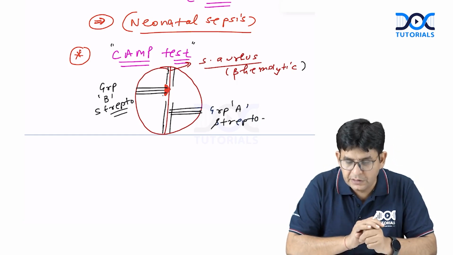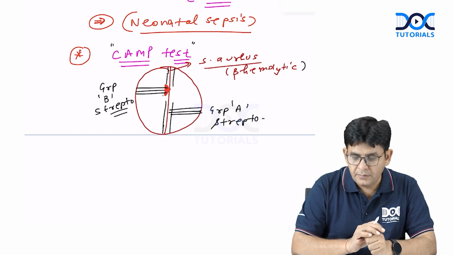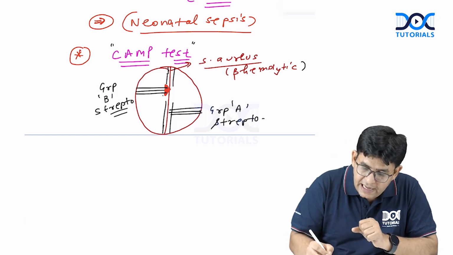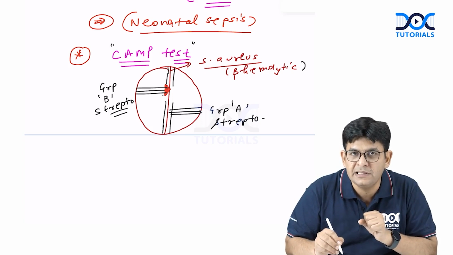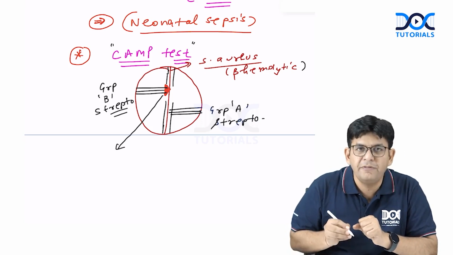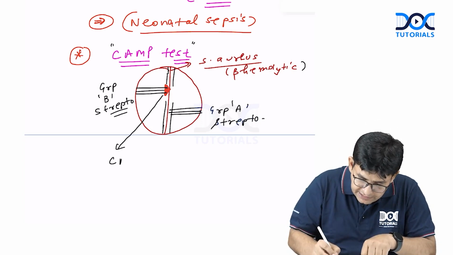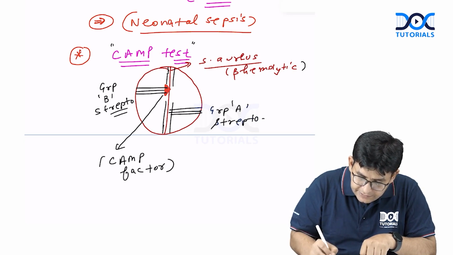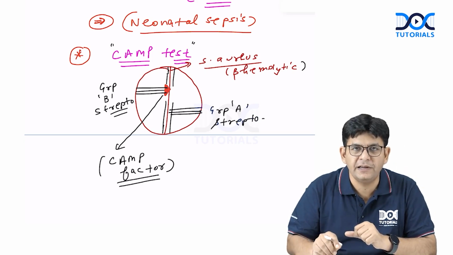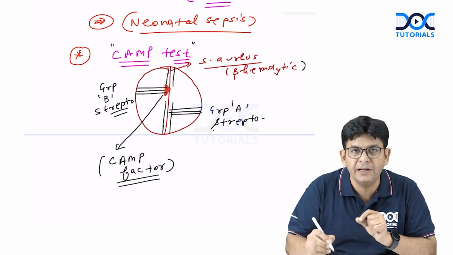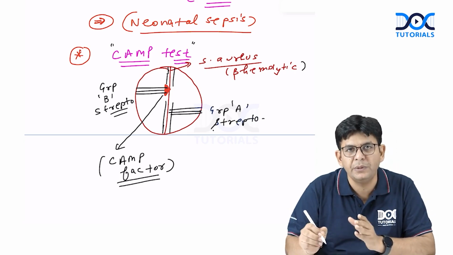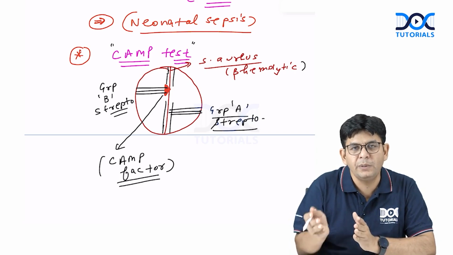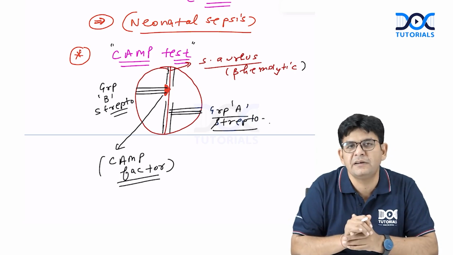Which one? The group B strepto. Why is this enhancement seen? As per these CAM scientists, there is a release of a factor, and the name of that factor is the CAM factor. Because of this CAM factor, there is an enhancement whenever the group B strepto touches the Staph aureus, whereas the same thing does not happen when the group A strepto touches the Staph aureus.